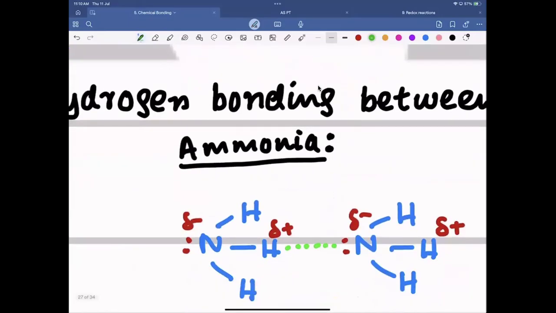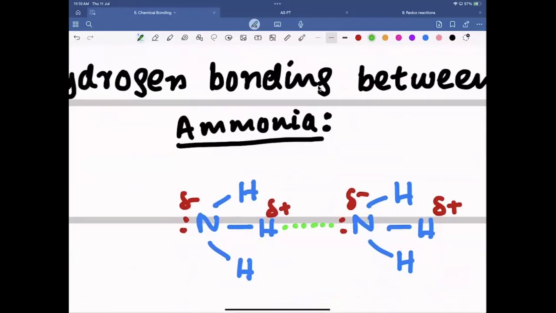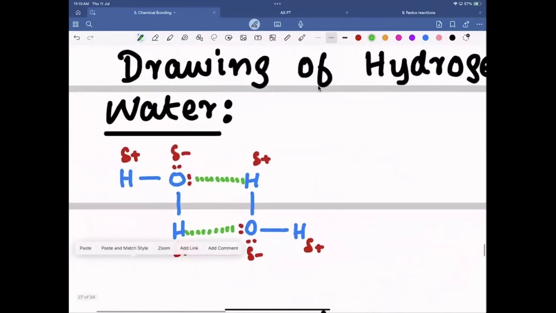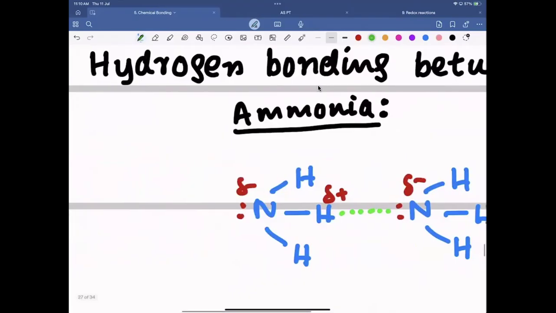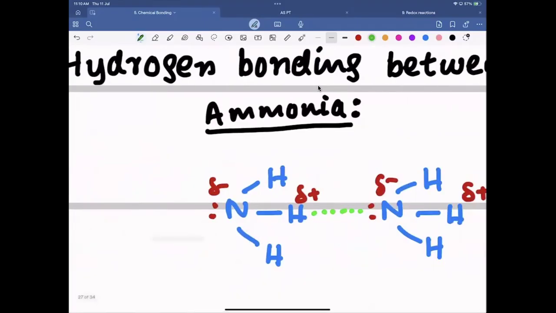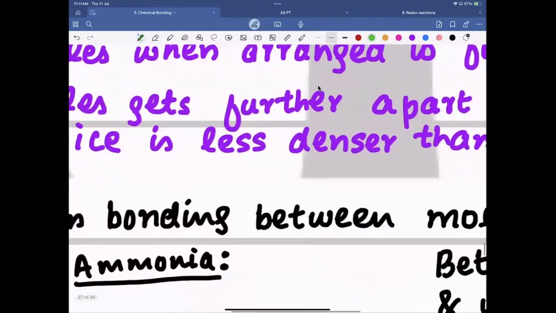Sorry, the way I have shown here shows one hydrogen bond, and the way I have drawn earlier shows two hydrogen bonds, and in the diagram you have shown two hydrogen bonds. So that's fine as well. You can draw it this way or this way, both are considered correct. But for ammonia, try to make it in this way, that would be preferred, okay?